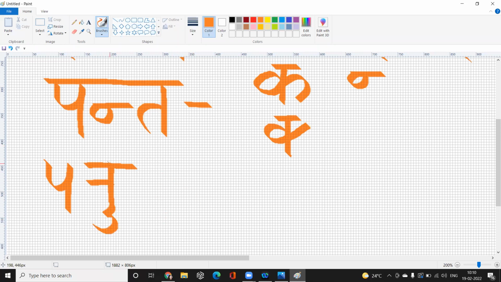There is no rule of writing half letters in Sharda. We write the half letter complete, like how I have written N here, and then I write the letter following the half letter. Here the following letter T will come below, under N. So there is no half letter written in Sharda Lipi when it comes to conjuncts and half letters.